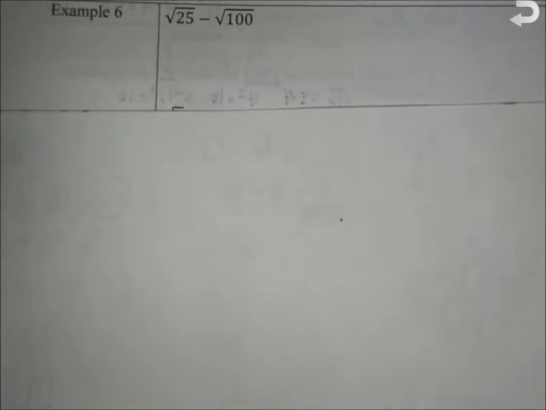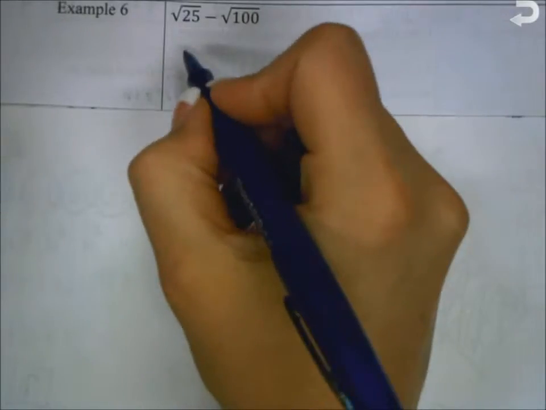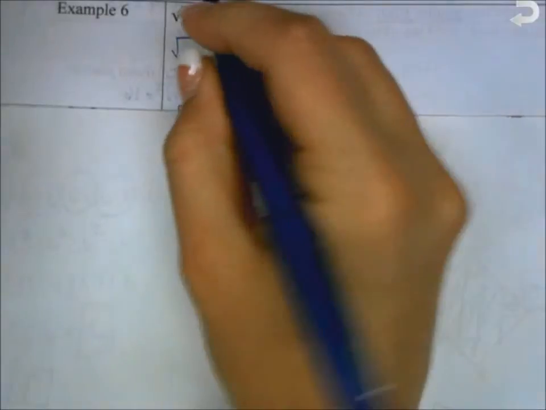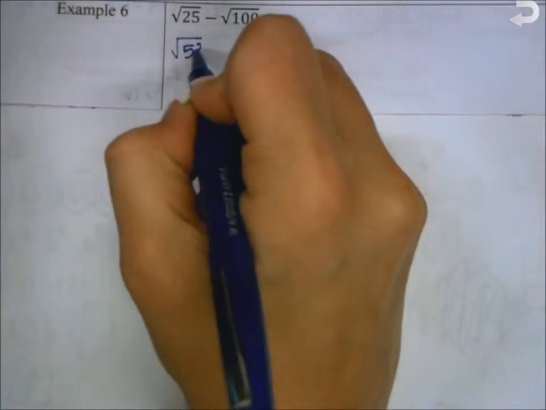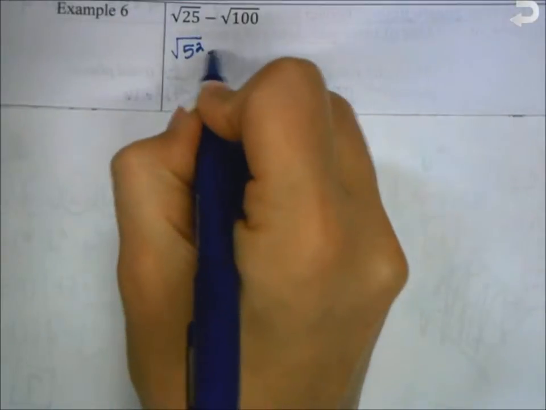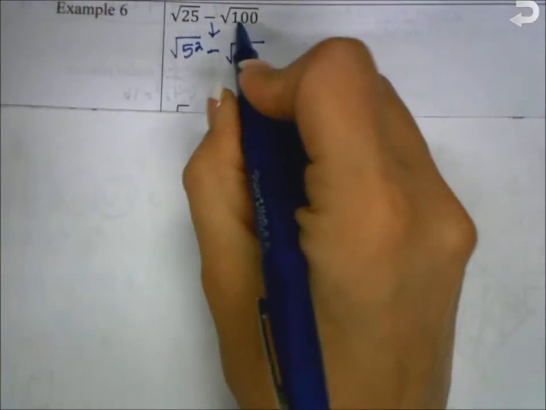Square root of 25 is the same as the square root of 5 squared, right? 5 times 5 gives me 25. Minus, that minus sign comes straight down. Square root of, what times itself gives me 100? 10. So this is the same as the square root of 10 squared.